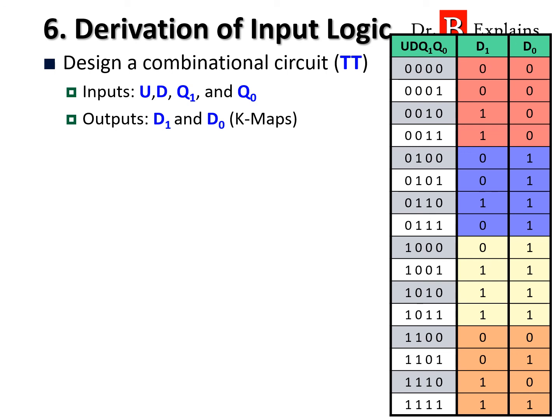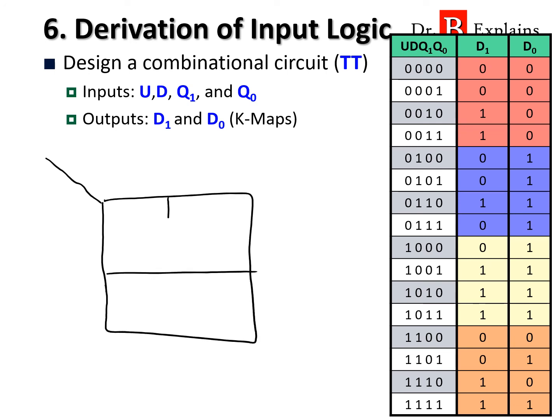So what's next? These you have done in previous classes. You can use multiplexers, K-maps, or any other logic circuit, like an encoder, that you want to design. Just for practice, we're going to do a K-map.